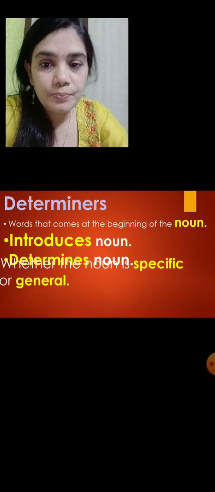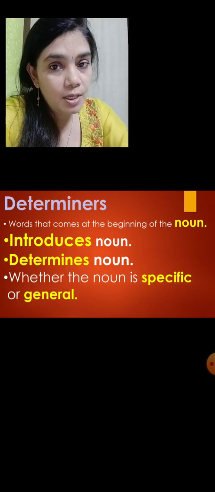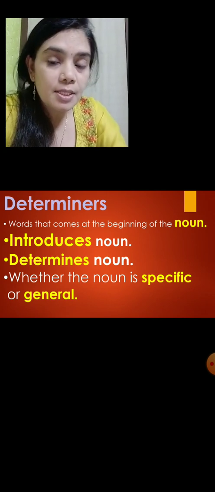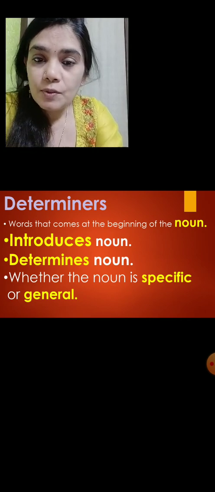We know what nouns are: the names of a person, place, animal or thing. Determiners introduce the noun and determine whether the noun is specific or general. You will understand these determiners as we proceed through the lesson. Now we'll move on to the next slide.